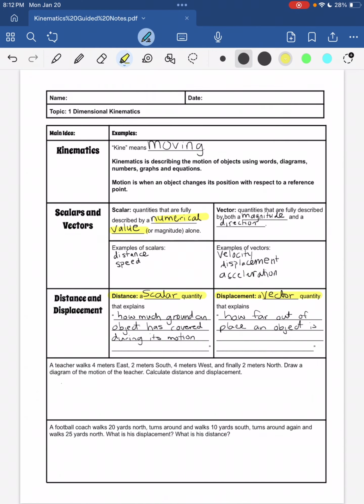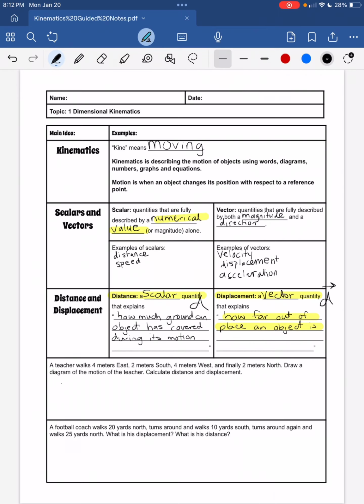It has a direction. And so we called that how far out of place an object is. That's kind of how we described what displacement was. If you remember back to Friday, we said the variable that represents distance was a d, and the variable that represented displacement, we called it d with the little vector arrow symbol over it.